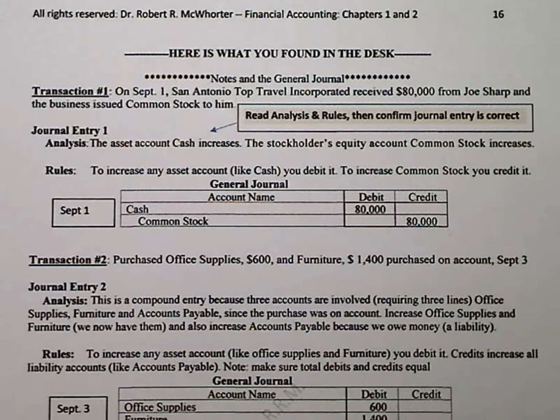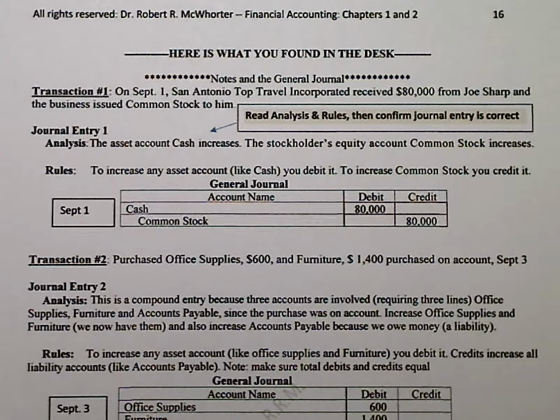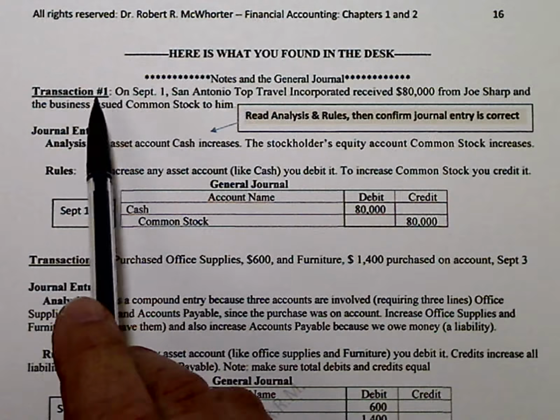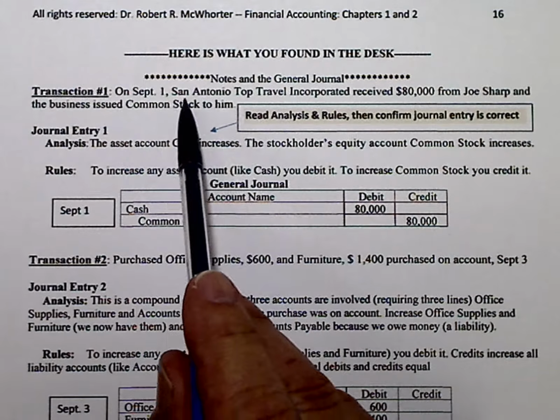Okay, here we go with Chapter 2, Part 2. Recall that you're a new accountant and you're taking over, and the original accountant's done a good job, and you're finding all kinds of things in your desk. And you look, and this is before you showed up at the company, but you're looking at these transactions. In each one of these, the transaction is going to be described to you.